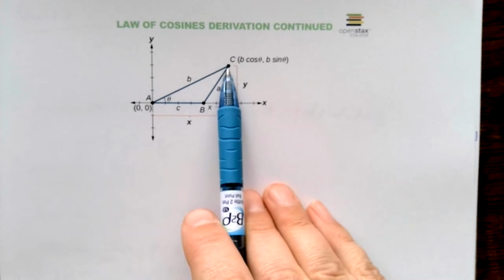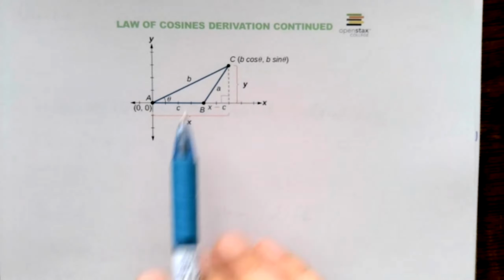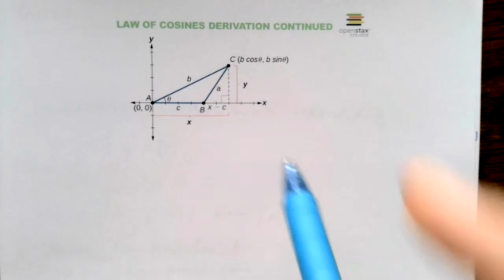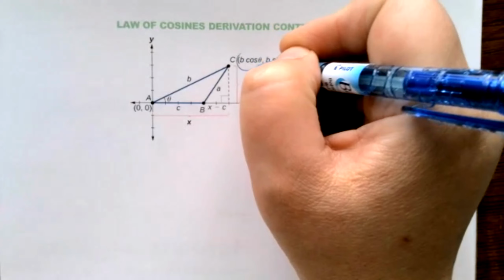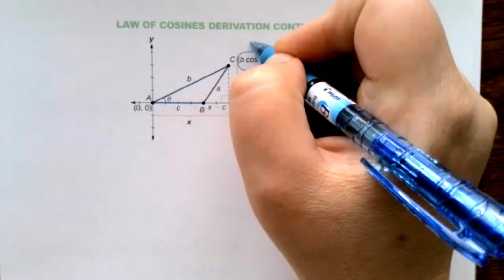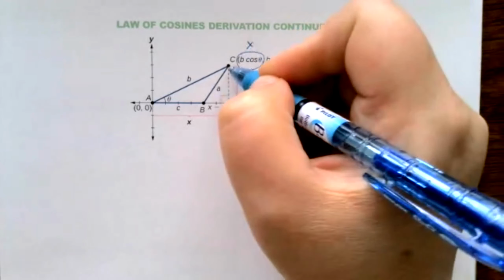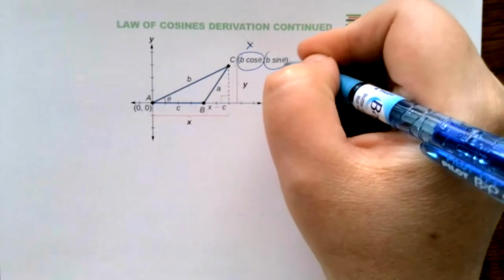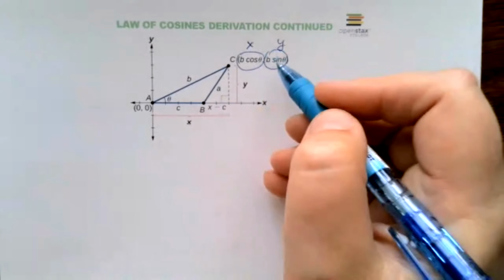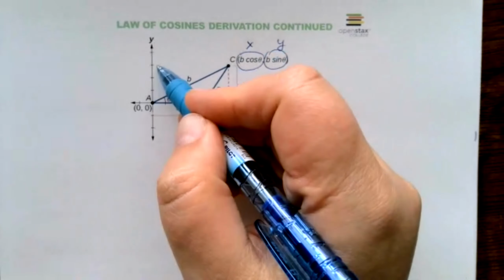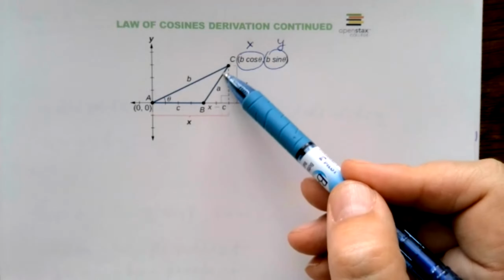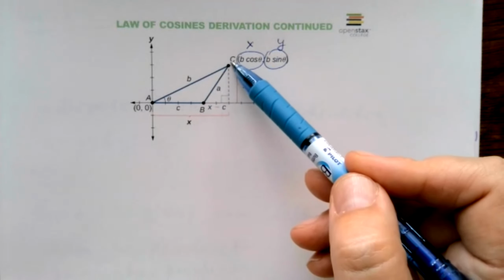If you're wondering why, look at my other video about similar triangles. You'll understand why. Anyway, this right here is our x coordinate of this vertex C, and this is our y coordinate of that vertex C.